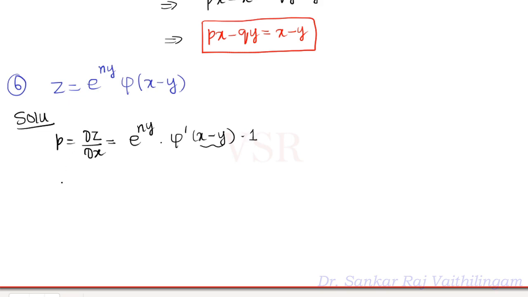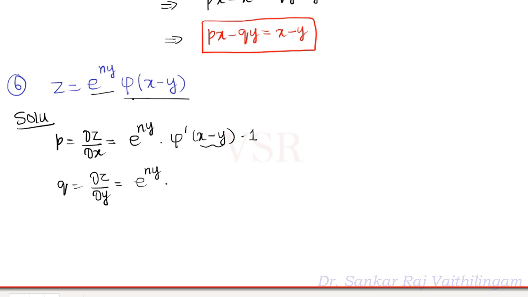அது மாதிரி q which is equal to dou z divided by dou y which is equal to, இப்போ y பொறுத்து டிஃபரன்ஷியேட் பண்றேன். அப்போ இங்க பாருங்க, இதுவும் ஃபங்க்ஷன் ஆஃப் y, இதுலயும் ஃபங்க்ஷன் ஆஃப் y இருக்கு. அப்போ we need to multiply. இதை வச்சுக்கிட்டு இதை டிஃபரன்ஷியேட் பண்ணனும், அப்புறம் இதை வச்சுக்கிட்டு இதை டிஃபரன்ஷியேட் பண்ணனும். அப்போ e to the power ny is fixed.